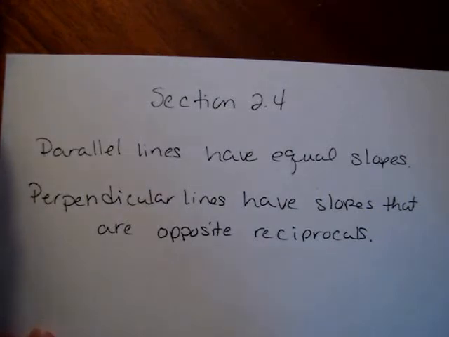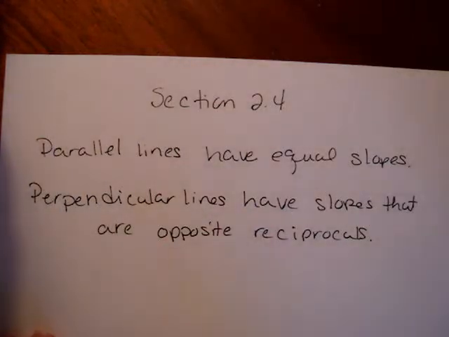Opposite as in opposite sign, reciprocal as in flip it over. Okay? The technical definition for perpendicular lines is that the product of the slopes of two perpendicular lines always equals -1. But in practice, if I know the slope of a perpendicular line, then I flip it over and change the sign.